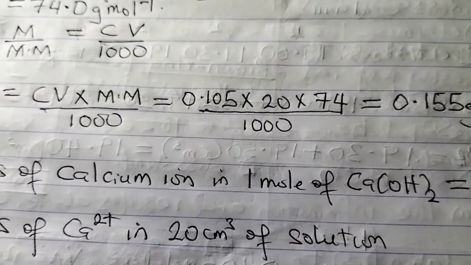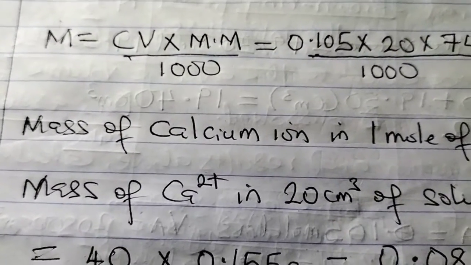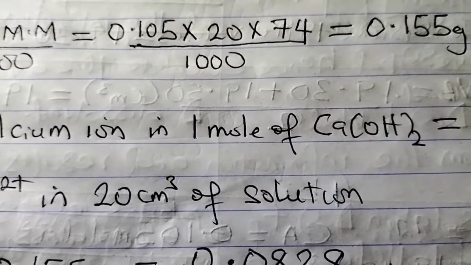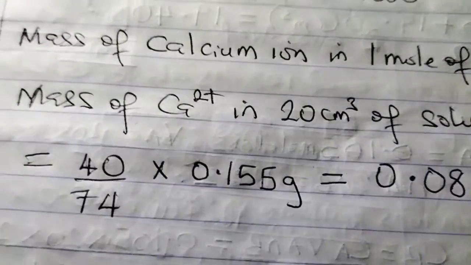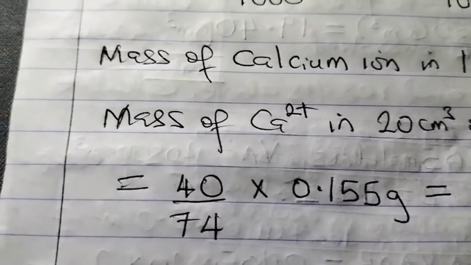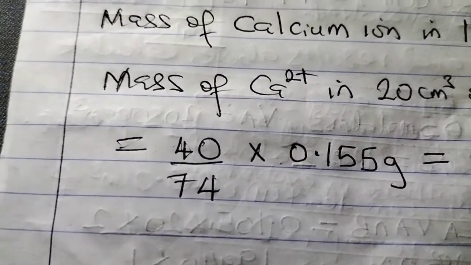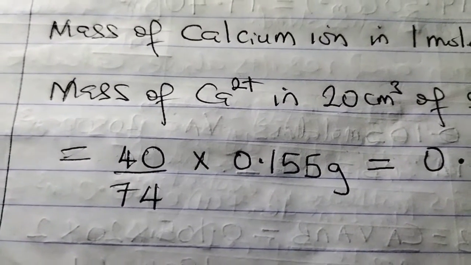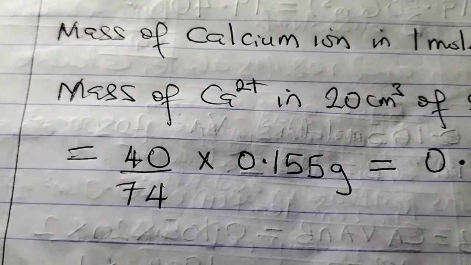Our interest is to find the mass of calcium inside this. So we'll write the mass of calcium ion in 1 mole of calcium hydroxide. Remember that there is only 1 atom of calcium here, and the mass of calcium ion becomes the molar mass of calcium, which is 40 grams. So the mass of calcium ion present in 20 cm cube of the solution becomes 40, the mass of calcium, over the molecular mass of calcium hydroxide, which is 74, times 0.155 gram, which is the mass of the calcium hydroxide inside 20 cm cube.